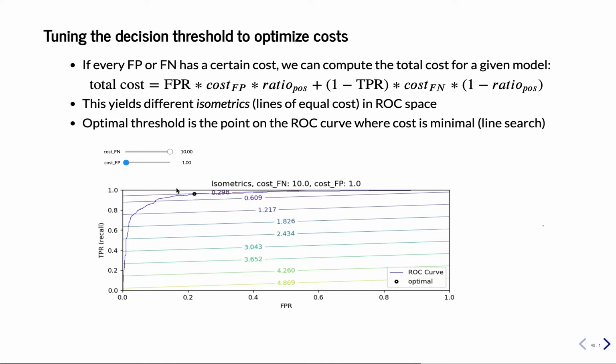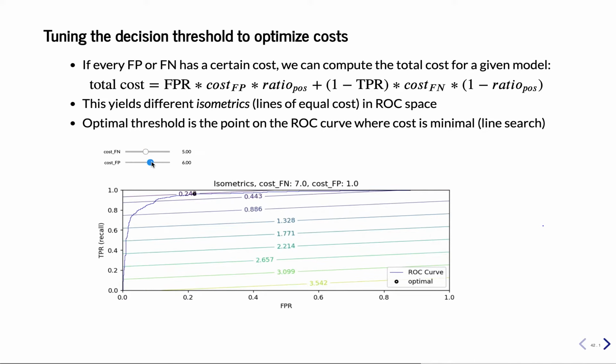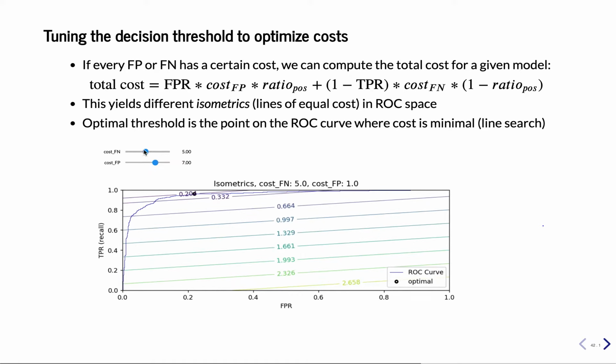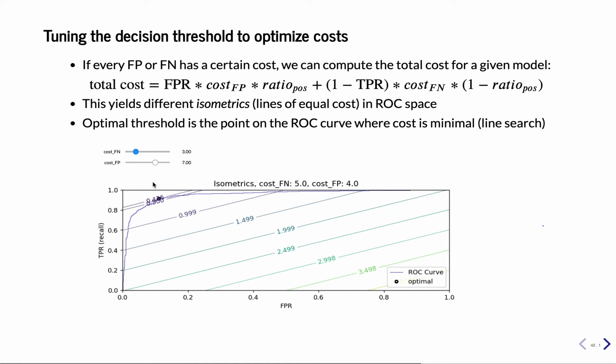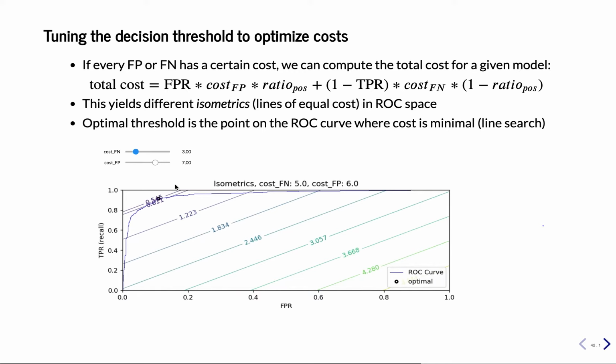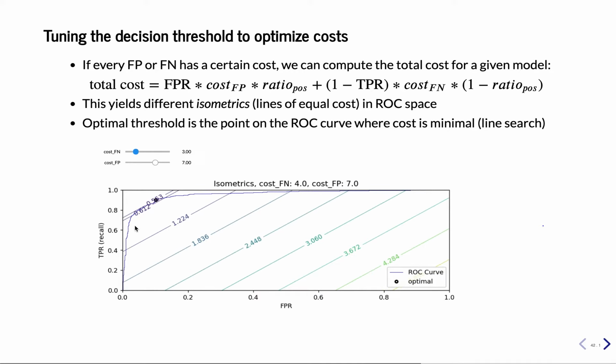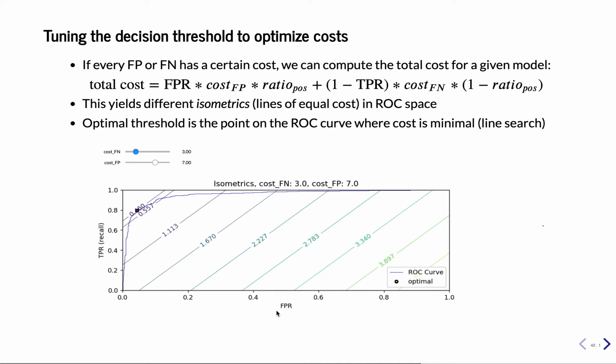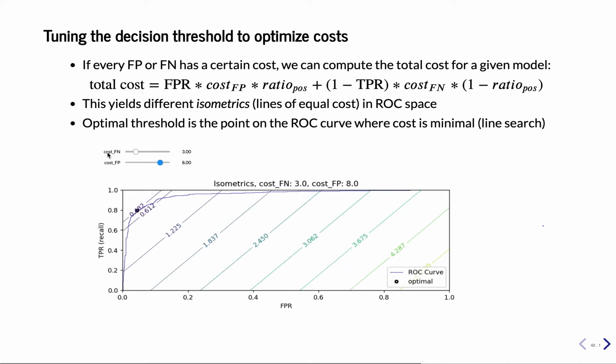If we would actually want a solution which has low false positives, we can do the opposite. Now you can see that these lines become more vertical because we want a solution which has a low false positive rate. And for a certain ratio of the cost of false negatives and false positives, we will find a solution that corresponds to that.